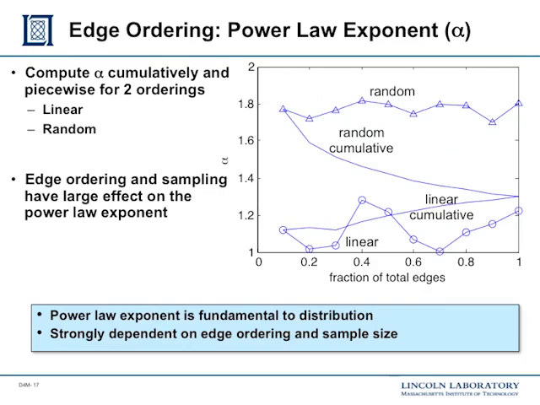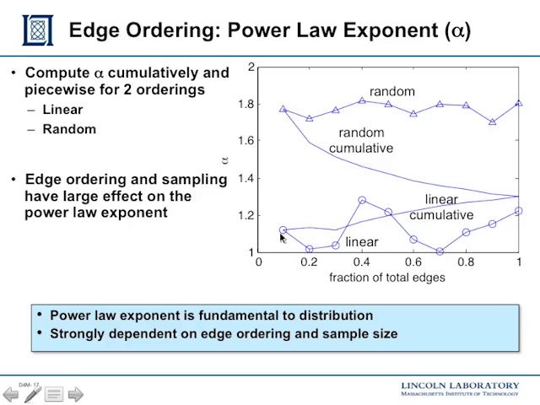Another phenomenon that's been studied extensively is what happens to the slope of the degree distribution as you add data. Again, we do the exact same type of sampling. This data had a slope, I believe, of 1.3.